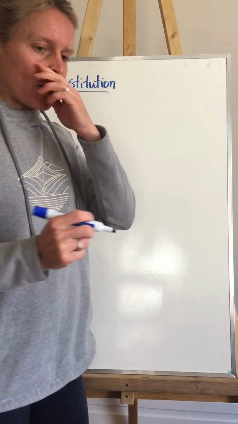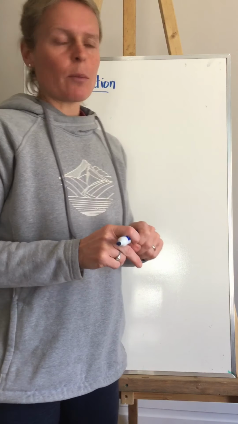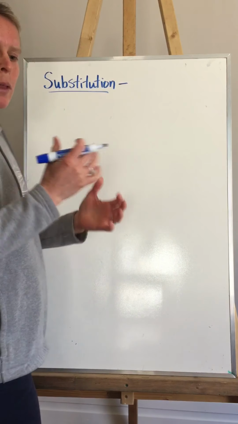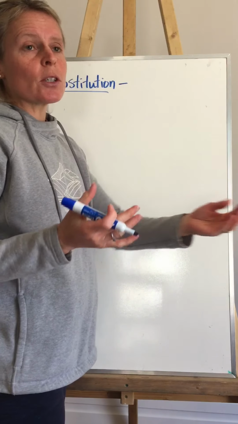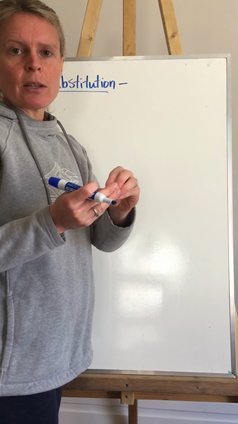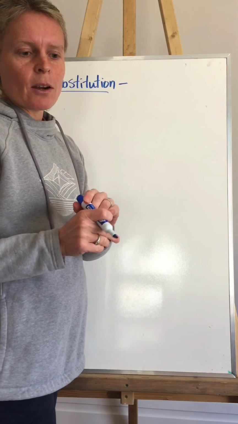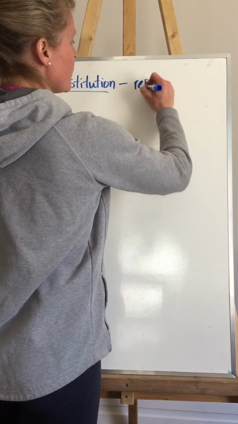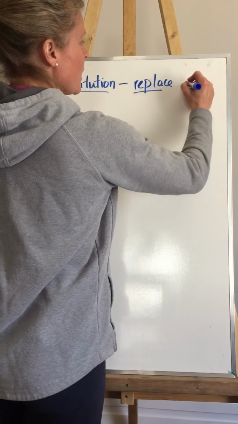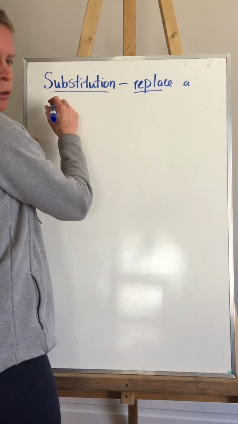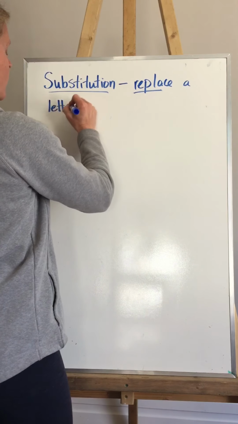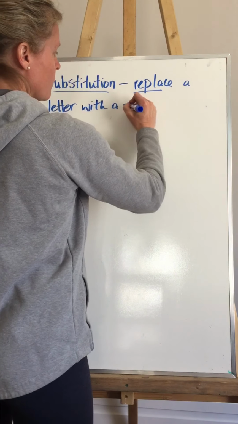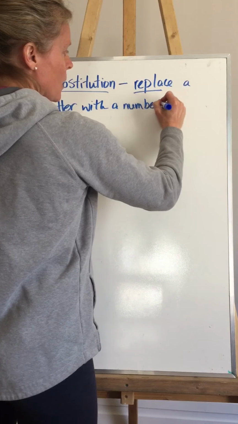Okay, so I'll give you a little definition and then we'll do some examples. So substitution, if you can think about when there's a substitute teacher, another teacher comes in and replaces the teacher that is normally there. So substitution, what we're going to do is we replace a letter, okay, a variable, with a number in brackets.